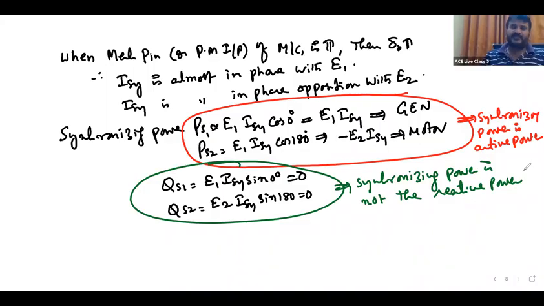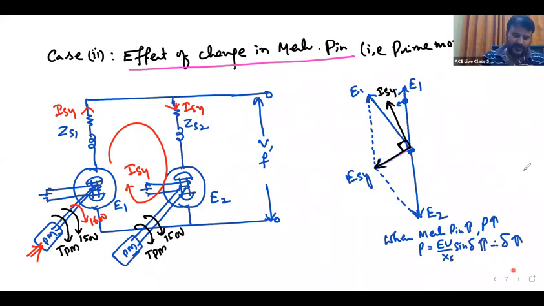So the first machine is acting as a generator, the second machine is acting as a motor. They are developing the active power. And when active power is there, it will develop the torque also. Na? Active power will develop the torque. Reactive power will produce the flux. See, this active power, the first machine acting as a generator means it will develop the synchronizing torque.